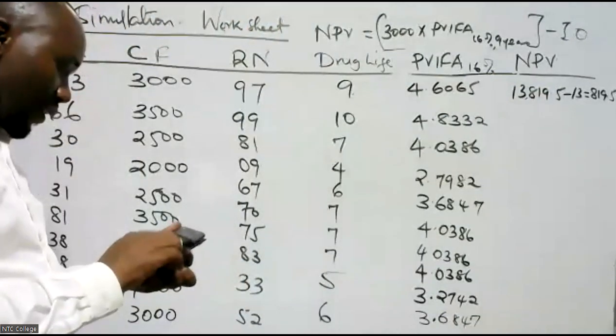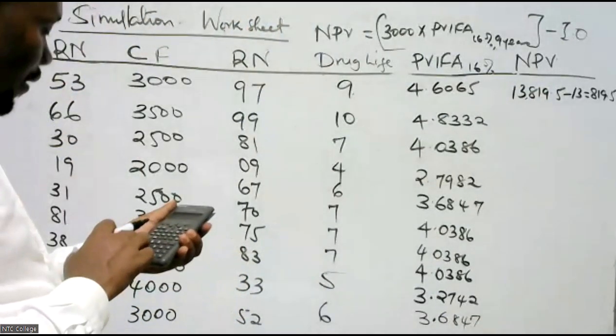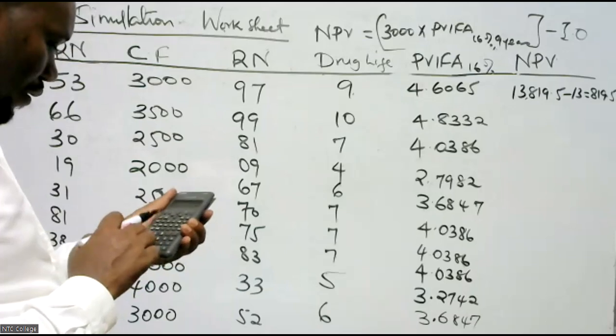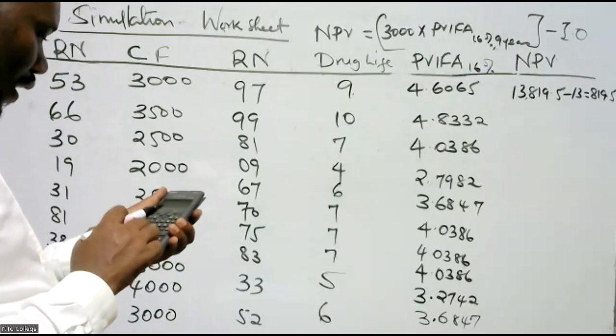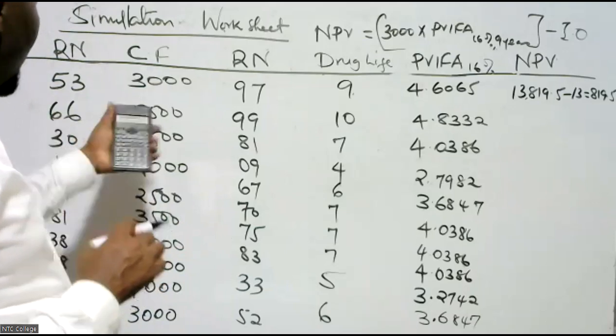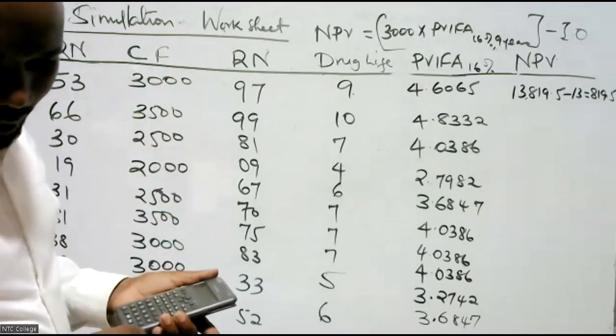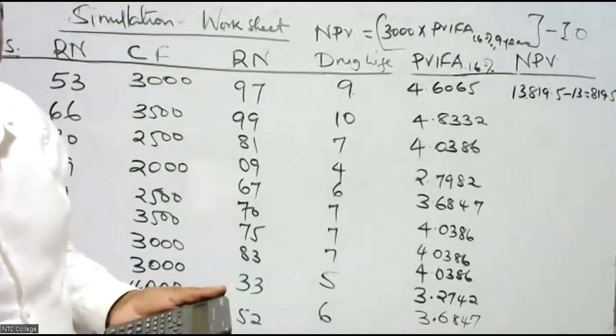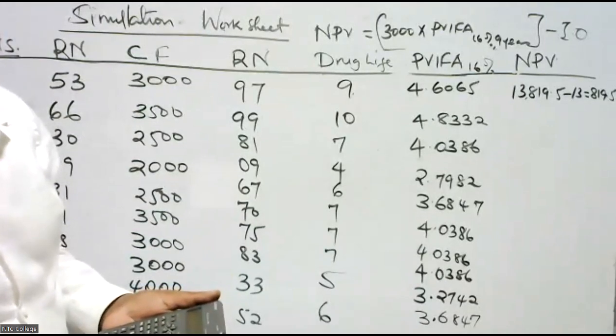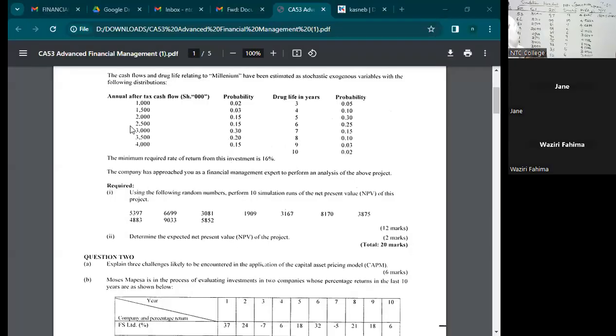The second one is 4.8 times 3,500. But remember, those figures are in millions. We have been told here that they are in millions. So it is 3,500,000.